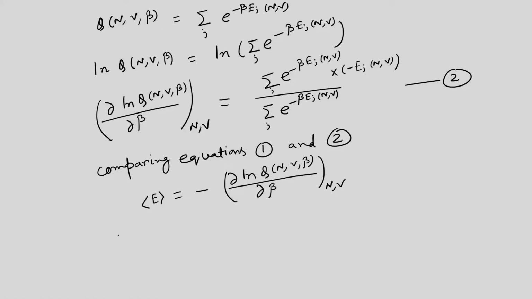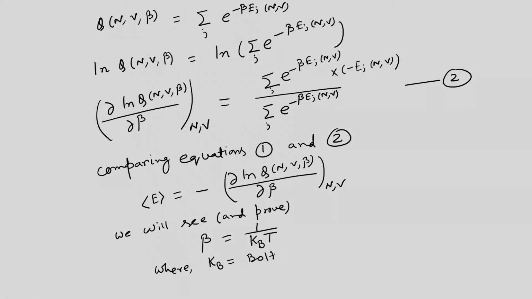Now, we will see, rather we will prove also, that beta is 1 by kB times T, where kB is the Boltzmann constant and T is the absolute temperature.